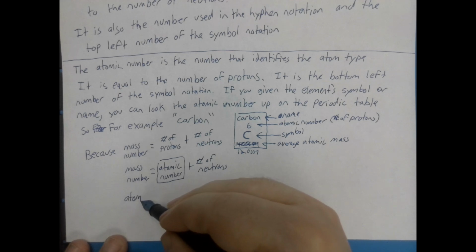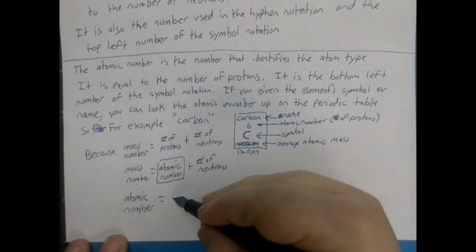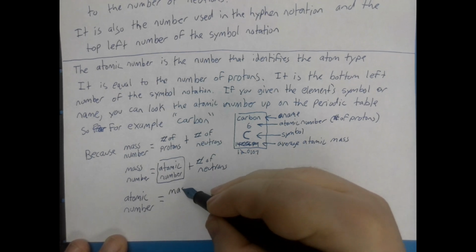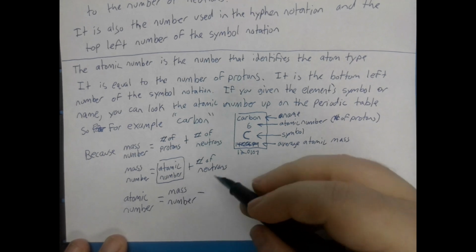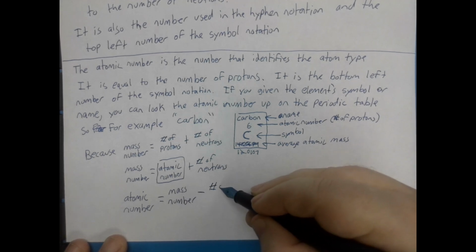Atomic number is also equal to mass number minus the number of neutrons.